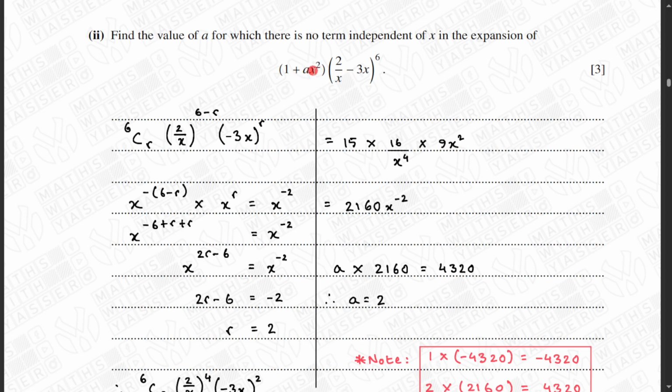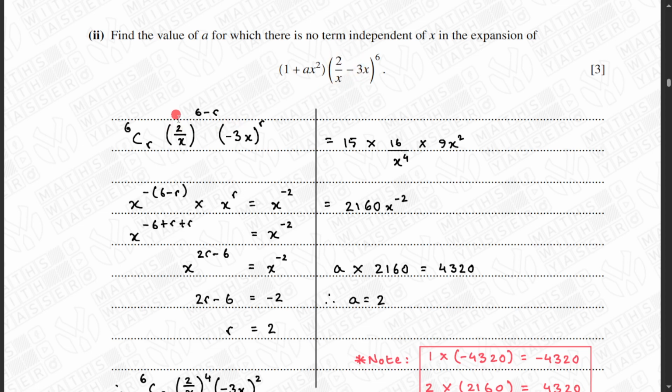Also, when ax square gets multiplied with one of the terms which will have x square in the denominator, then both of the x squares will cancel out and we will get another term which is independent of x. So that means we first must find out what will be the r value for which we can get x to the power negative 2, which is basically having x square in the denominator from this term.